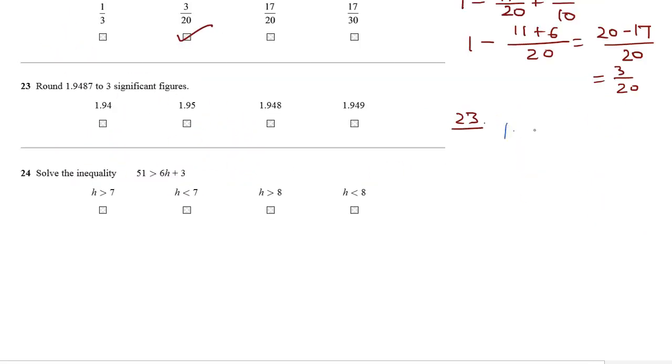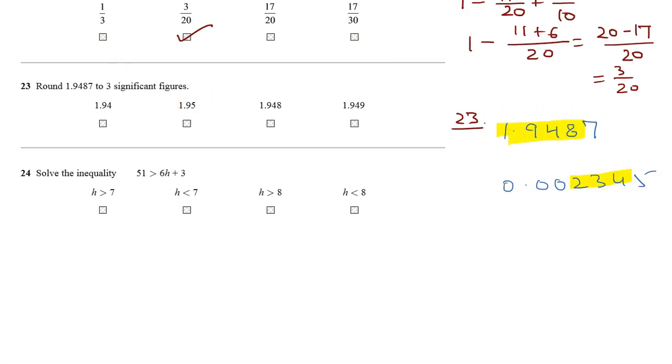Round 1.9487 to 3 significant figures. Significant figures start with a non-zero number. Suppose the number is 0.002345, the significant figures in this case will start from here. So that is the difference.